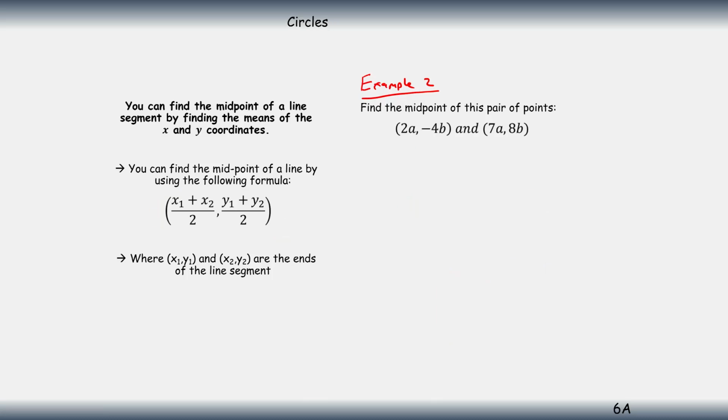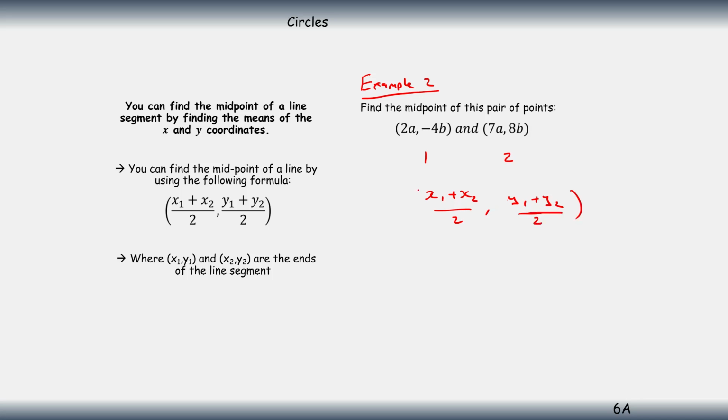Okay, so let's have a look at this example here. Find the midpoint of this pair of points. If we call this first one point 1 and this one point 2 on the line, use our formula. Always write the formula: x1 plus x2 divided by 2, y1 plus y2 divided by 2.